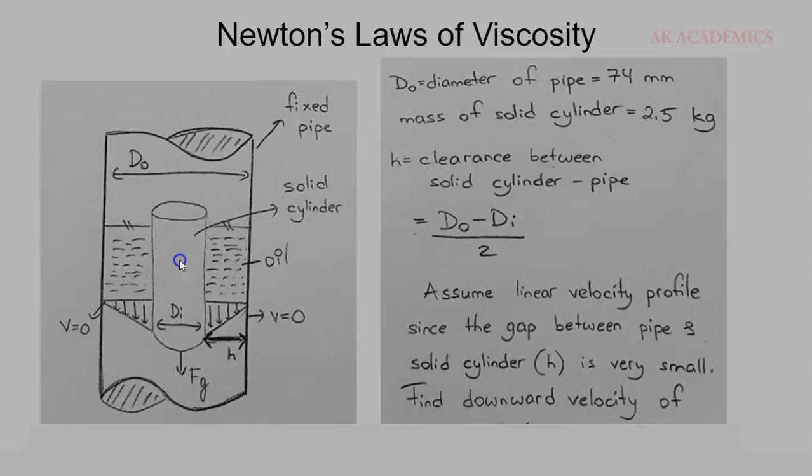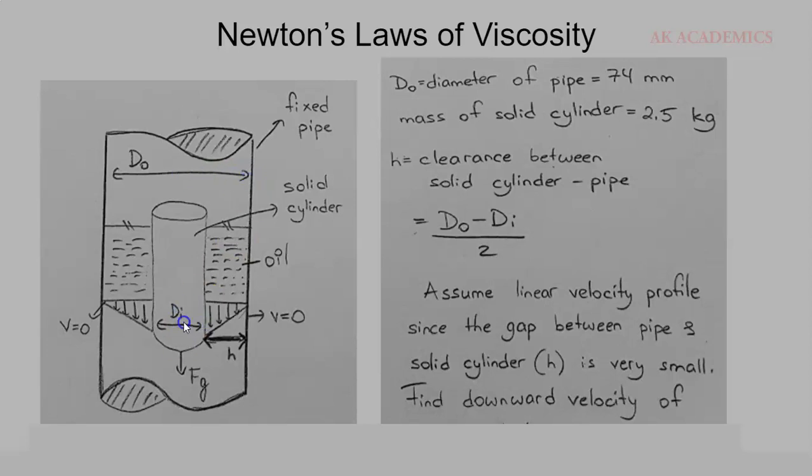If you pull from this center to the surface of the fixed pipe, that's going to be d naught over 2. That's the radius, because from one side to the other side is d naught. So from the middle to one side would be d naught over 2.